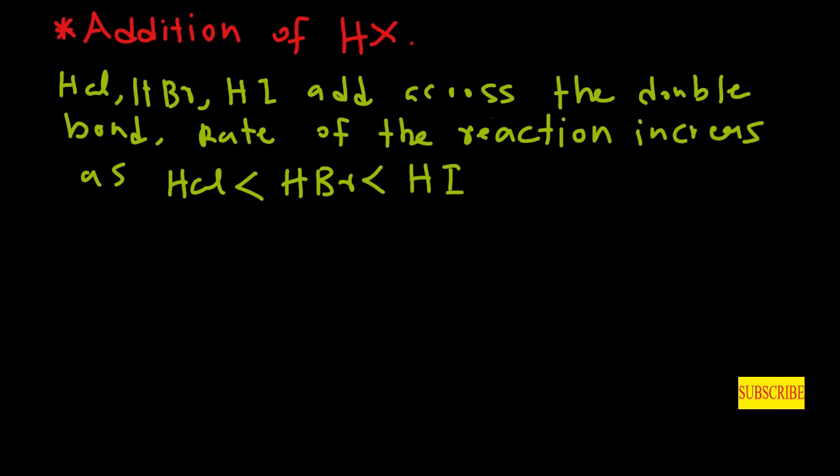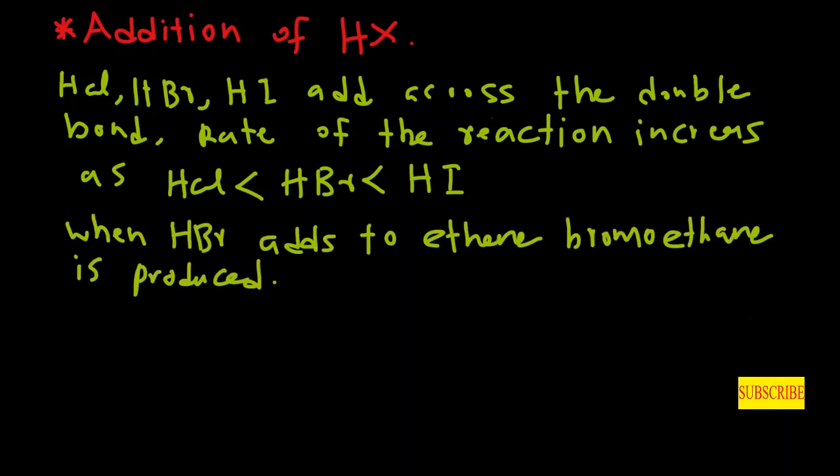Basically, HCl, HBr and HI add across the double bond of the alkene, and the rate of the reaction increases as HI is greater than HBr is greater than HCl. When HBr adds to ethene, bromoethane is produced.